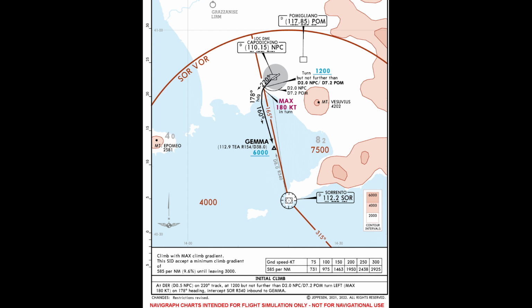It is very important that you follow that instruction where it says at departure end of runway, which is 0.5 nautical miles, November Papa Charlie DME, on track 220 degrees, and then at 1200, but not further than 2 miles from November Papa Charlie, turn left again, max 180 knots, on a 178 degrees heading, and then intercept Sorrento 340 radial inbound to Gemma. Now, the FMS guidance may be a little late to initiate that turn, and so it does require maybe a conventional kind of navigation from the pilot.